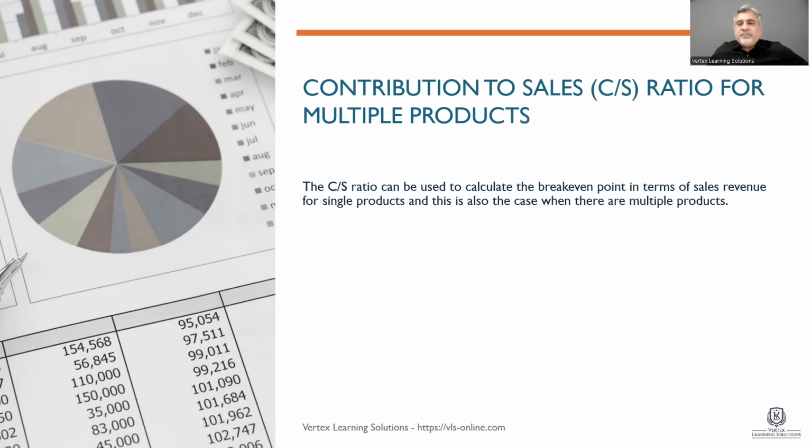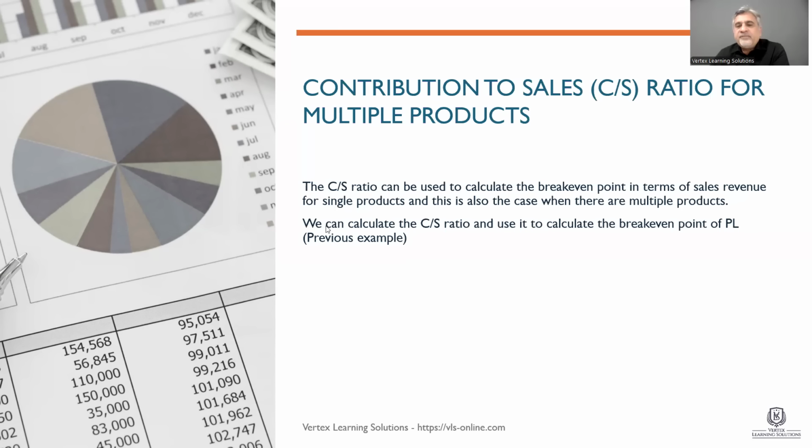So the CS ratio can be used to calculate the break-even point in terms of sales revenue for a single product, and this is also what we can use for multiple. Remember, CS ratio was contribution to sales ratio. When we were doing single product, we were calculating the contribution from a single product divided by the selling price of the single product.